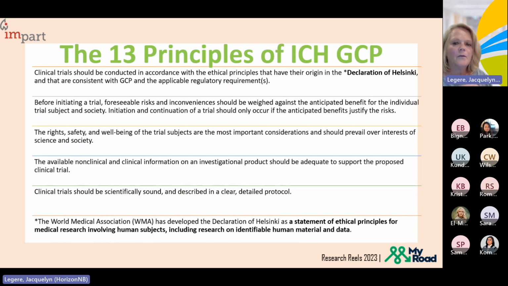So any testing that was done, bench testing, animal testing, all that information has to feed into the investigational product to make sure there's enough information on how it works and what the risks are, known up until that point. Clinical trials should be scientifically sound and described in a clear, detailed protocol. I also made a note about the World Medical Association and the ethical principles for physicians conducting research.